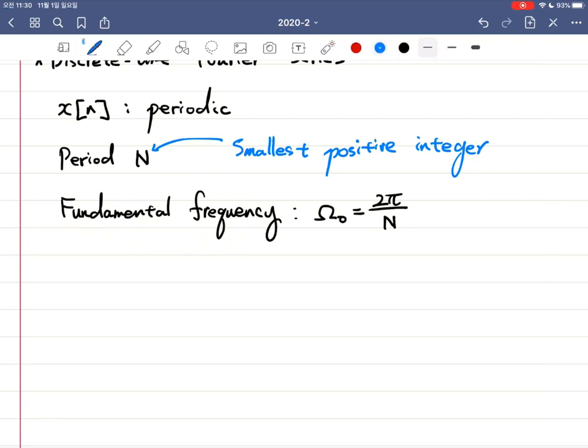So not only this fundamental frequency, but harmonically related frequencies will be considered to construct this x of n.